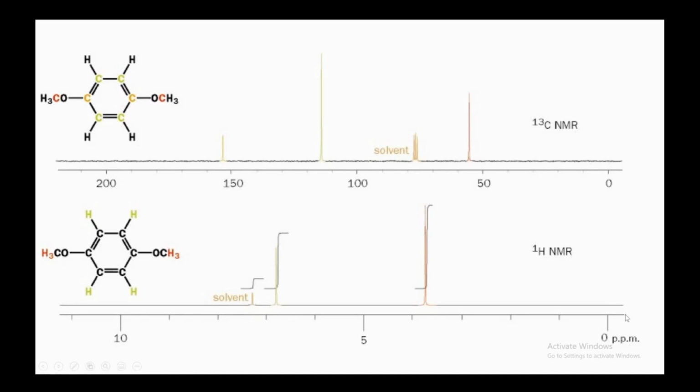The proton NMR ranges from 0 to 10 or 0 to 14, but the carbon NMR scale goes from 0 to 220 or 0 to 200. You can see that the ppm values are higher in carbon NMR and lower in proton NMR.